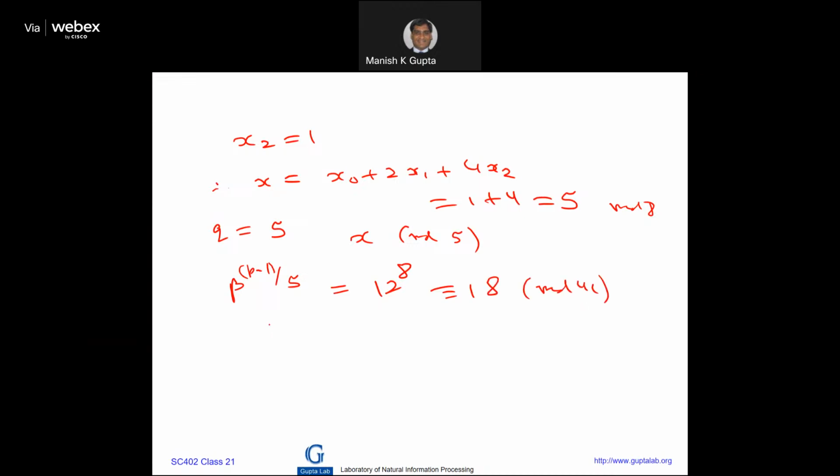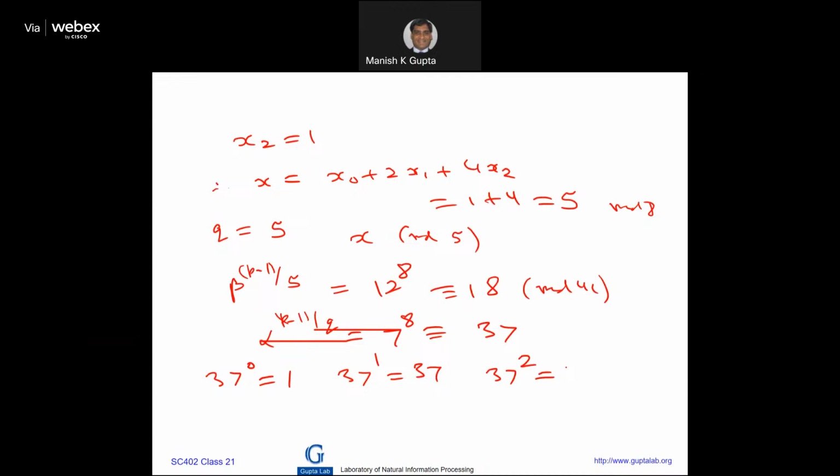And alpha raised to power (p minus 1)/q is equal to 7 raised to power 8, which is equal to 37 mod 41. Trying different values of k, you will see that 37 raised to power 0 is 1, 37 raised to power 1 is 37, 37 square is equal to 16, 37 cube is equal to 18, 37 raised to power 4 is equal to 10.